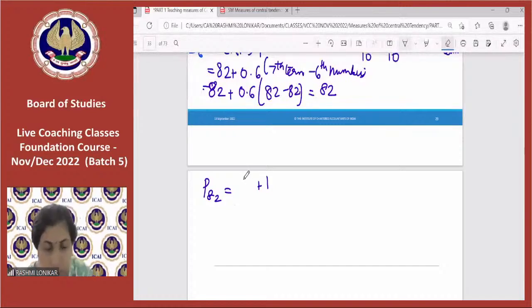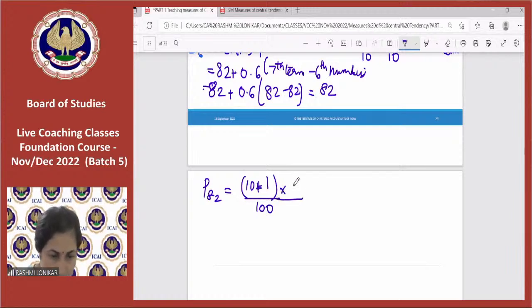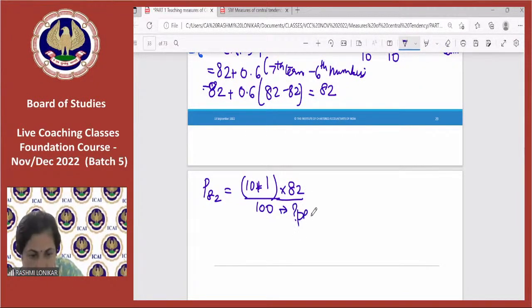So this will be 10 plus 1, and percentile means what? P is percentile. Percentile means denominator has to be 100, into which number do I want to find out? 82nd number. Okay, so position is 82nd. So 10 plus 1, because 10 is the total number of numbers, into 82 upon 100. Why this 100? 100 because we are talking about percentiles. In percentiles, the number is taken as 100.